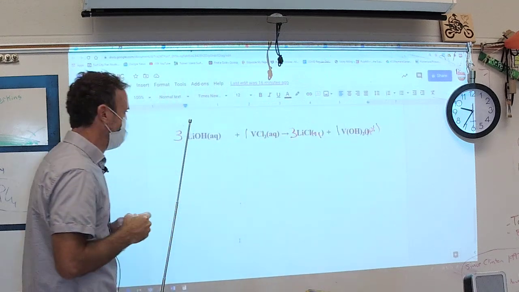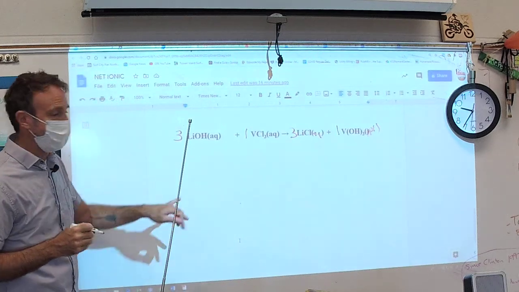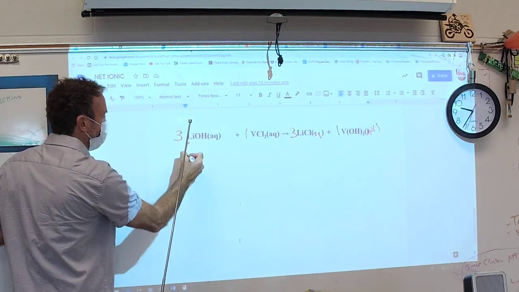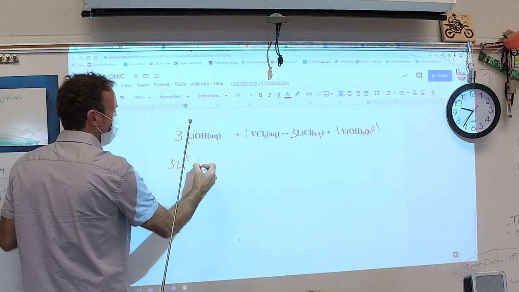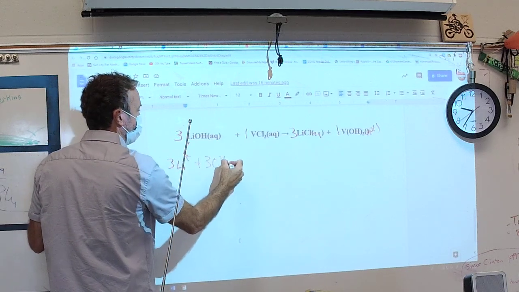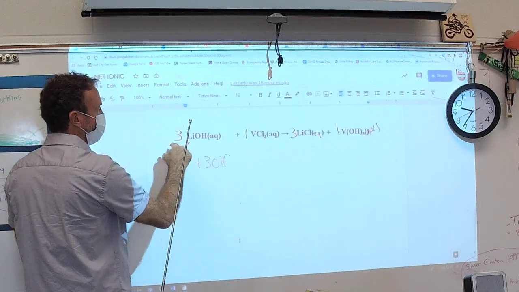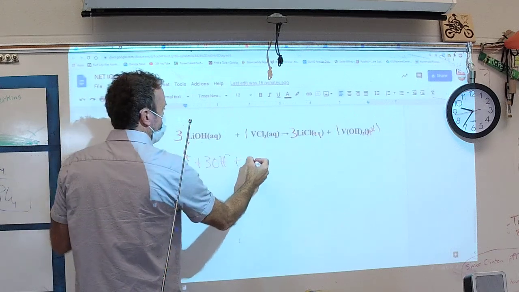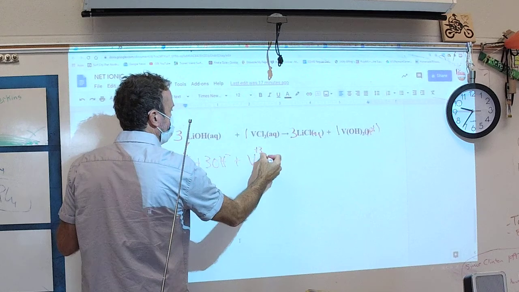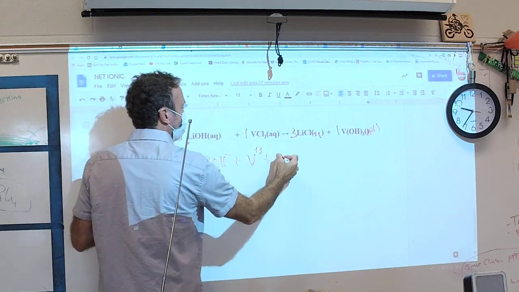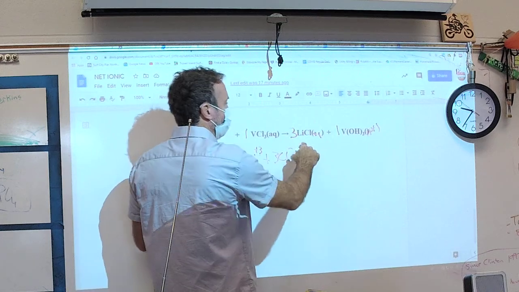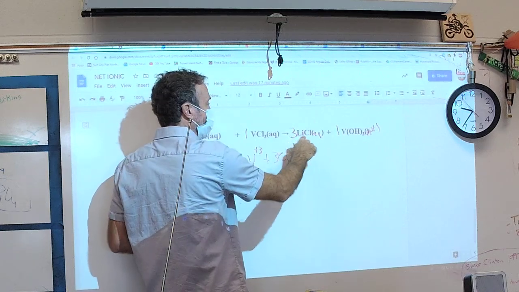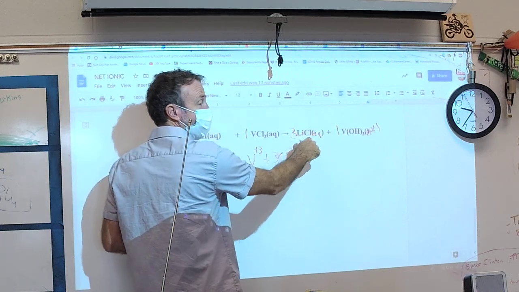Okay? And now let's split these up. See how this is aqueous? There are 3 lithiums. What are the charge on that? +1. And there's 3 OHs with a -1 charge, right? And there's a vanadium that's +3 and 3 chlorines that are -1, and they produce, all right, see how lithium chloride here is aqueous, right?